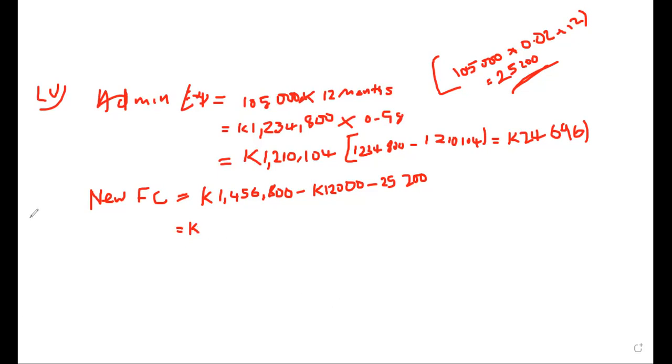So let's do it on the calculator. 1,456,800 minus 120,000 minus 25,200.